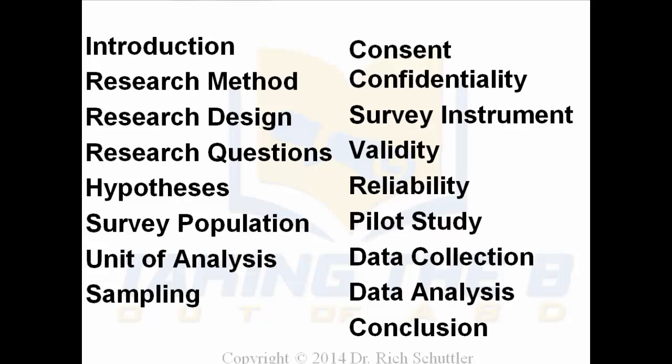If you're using somebody else's instrument that's already been tested for reliability and validity, and you have that information, then you include that in your work. This is usually found in the instrument itself. For example, if you were going to use the Multifactor Leadership Questionnaire, the MLQ, you would find the information on the website.